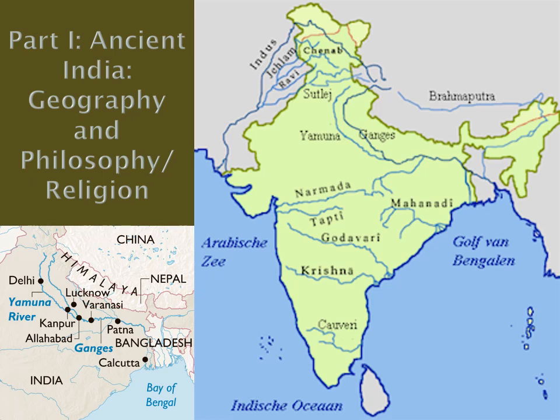Take a look at where they start from, right? Different sources in the Himalayan mountains. So for about half the length, they flow in 2 separate, almost parallel ways. And then somewhere in the center, they meet together, they unite, and then they flow together as one, as the Ganges, all the way down into the Bay of Bengal. So this is the geography of the flow of these two rivers.